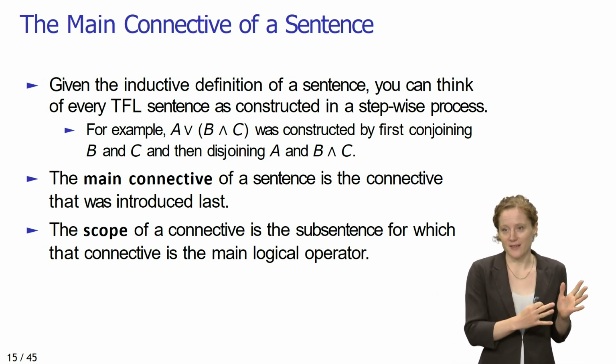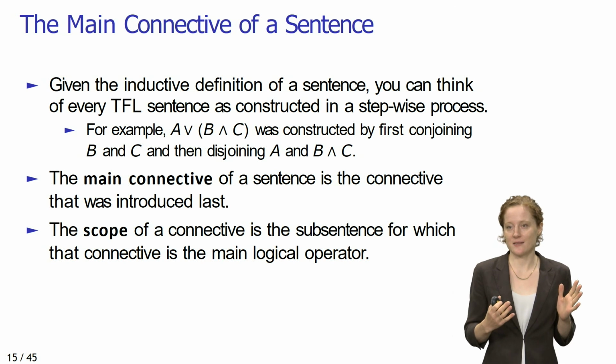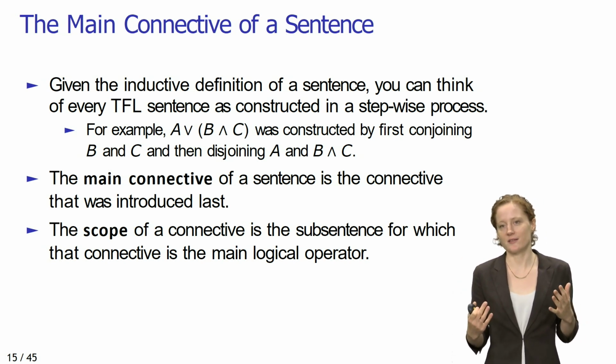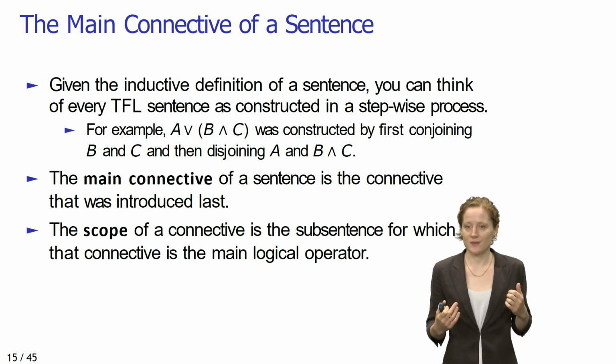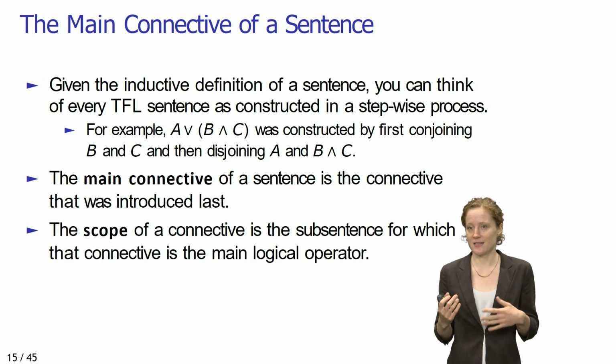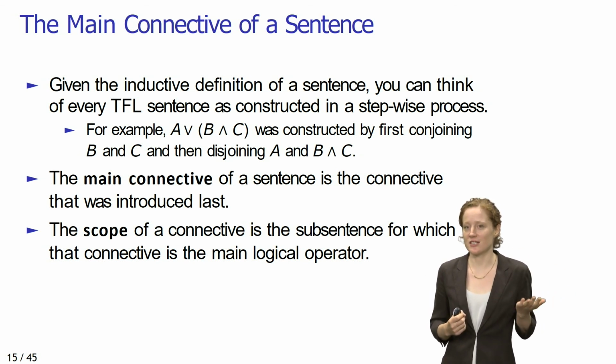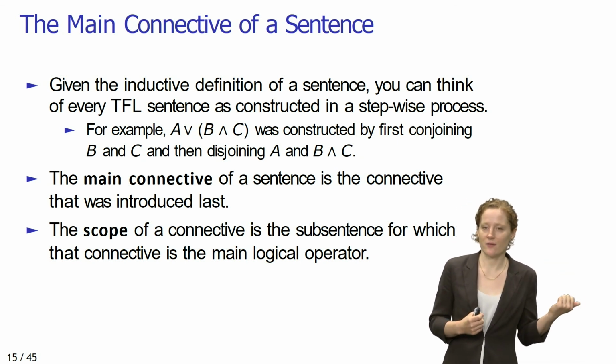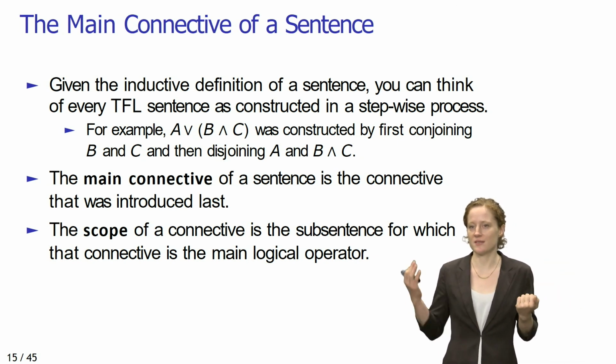And the scope of a connective is the subsentence for which that connective is the main logical operator. So for example, the scope of the conjunction symbol are the two sentence letters B and C, and the scope of the disjunction symbol are the sentence letter A on the one side and the conjunction B and C on the other side.